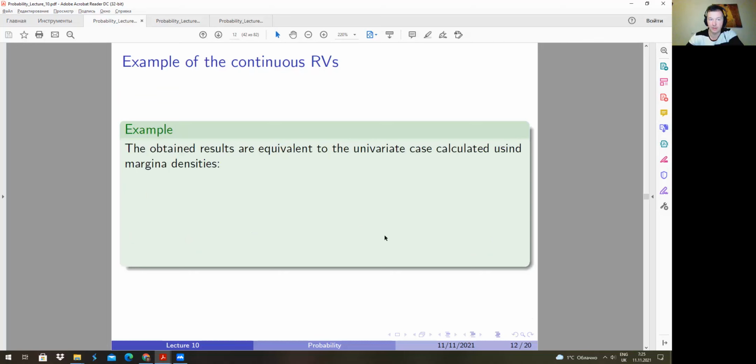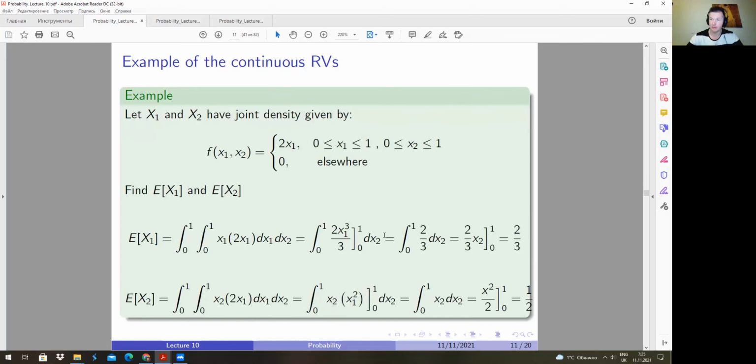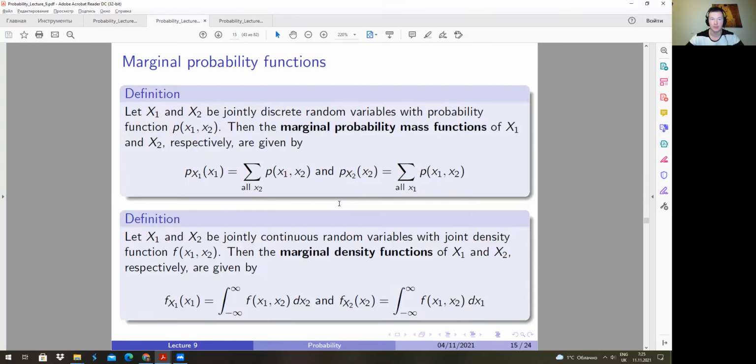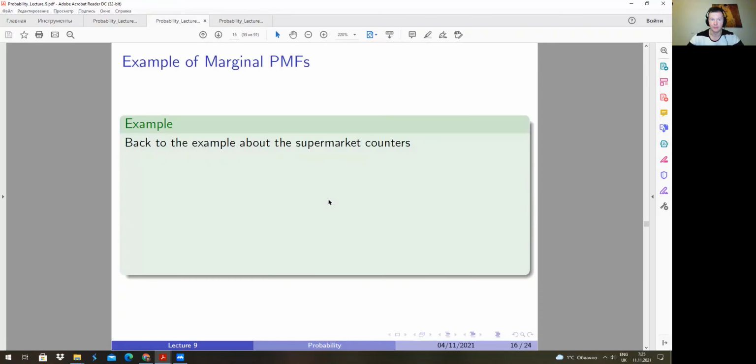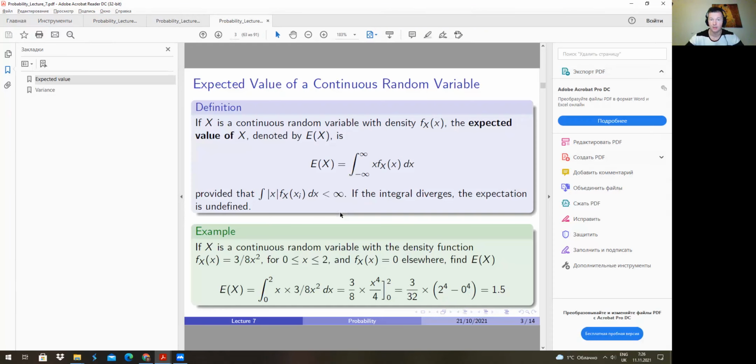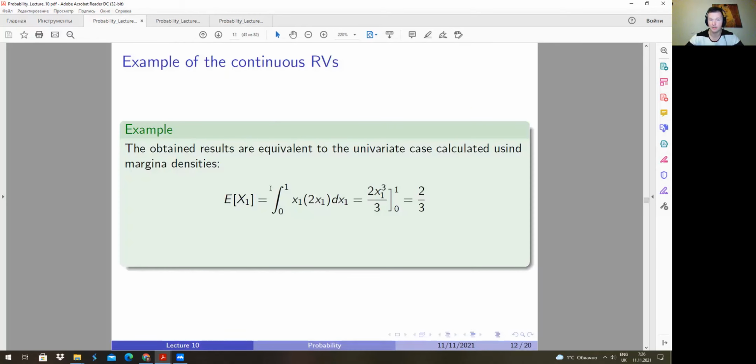And speaking about this example, we can receive the same using the univariate case. From the previous lecture, we know that the marginal density of x1 is 2x1. So I know how to calculate the expected value of one random variable, and I can apply this here.